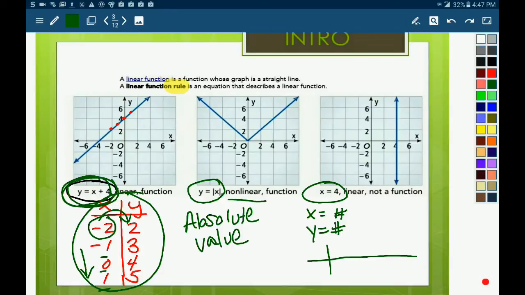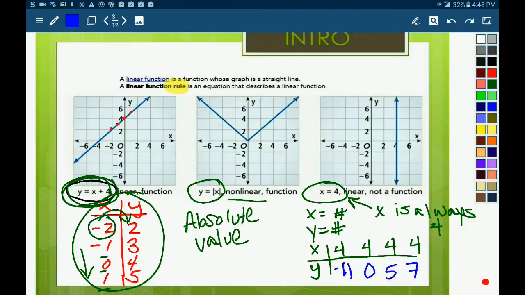So I could create a table here where all I'm doing is writing 4s for x because that's what that equation means, that x is always 4. So I made all the inputs 4, and it doesn't matter what I put for the outputs. I could put -11, I could put 0, I could put 5 or 7. It doesn't matter because the x always needs to be 4. That's what that equation is describing.